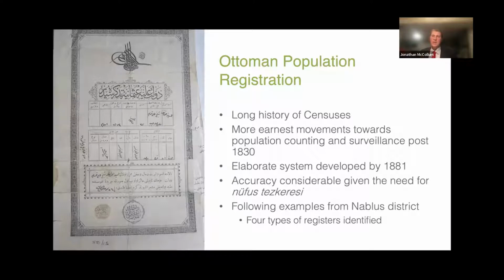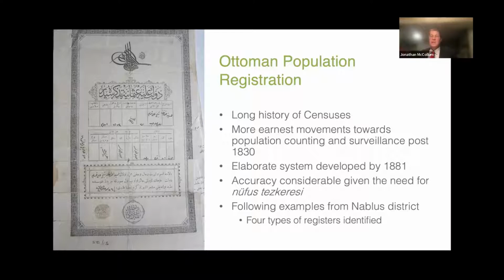It wasn't very detailed or really that robust, but by basically the late 17th, early 18th century, the Ottoman state had basically decentralized and was no longer conducting those censuses. But with the advent of the 19th century, we see this growth of records and surveillance of the population.